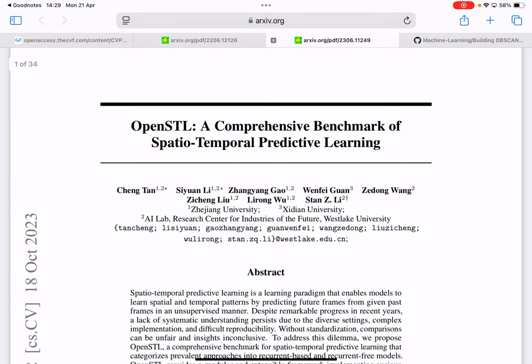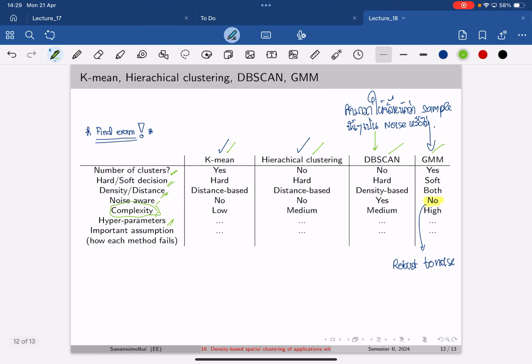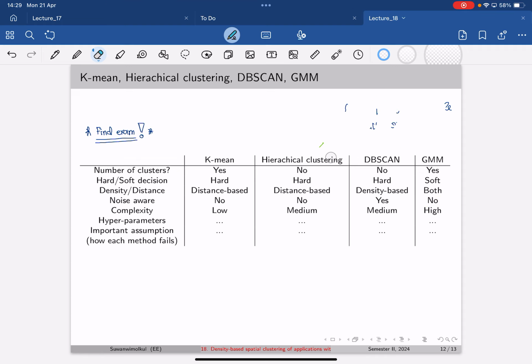Yes, so nearly there. Before we go to a break, this is something that I would like you to keep in mind. My final exam may not be exactly this, but it would ask you questions something like this. Can you tell the features, the properties inside it?